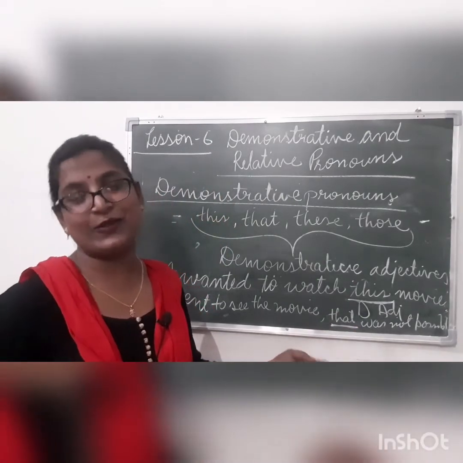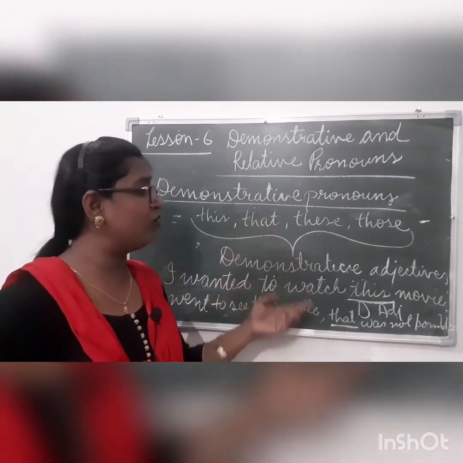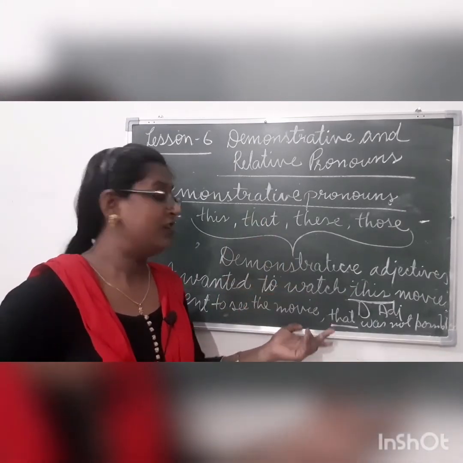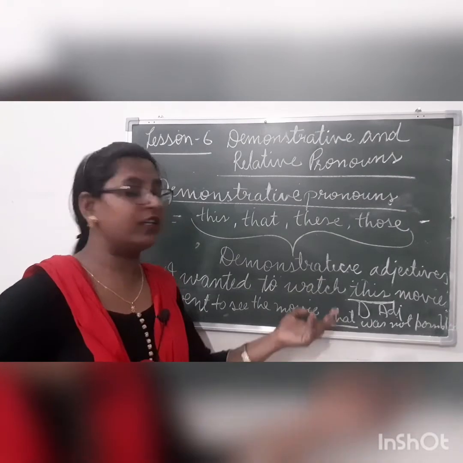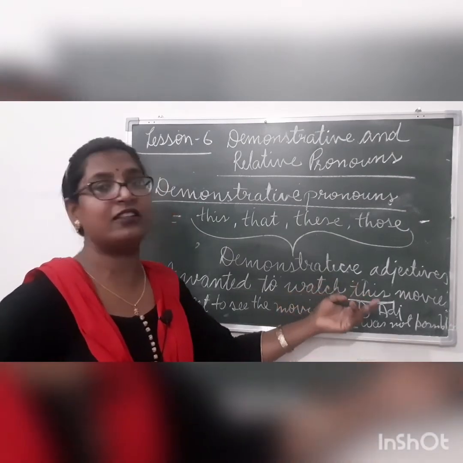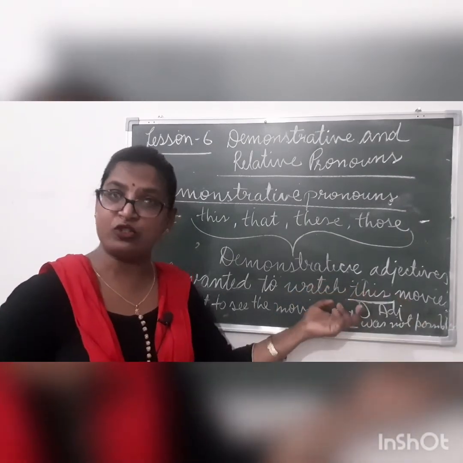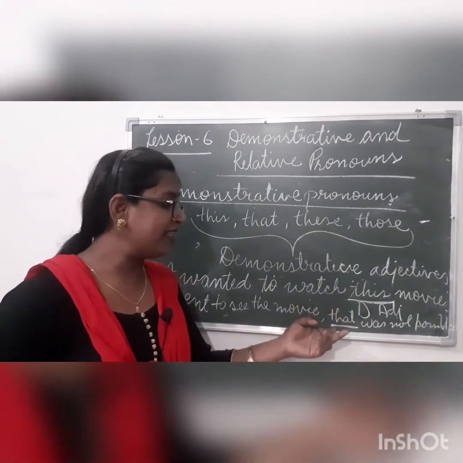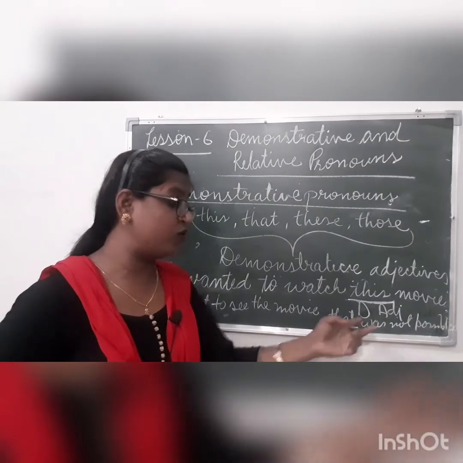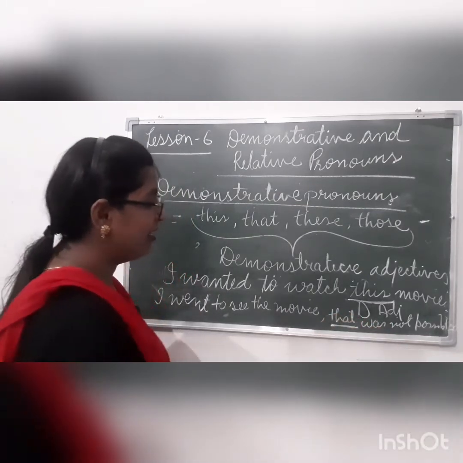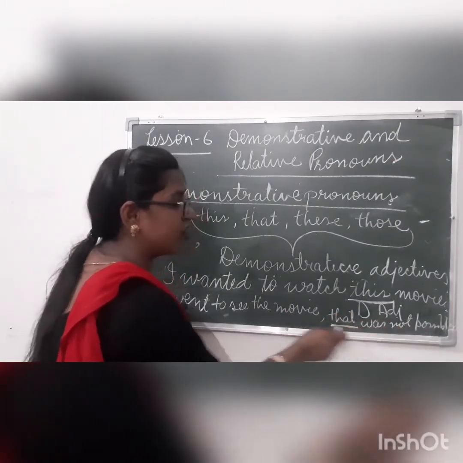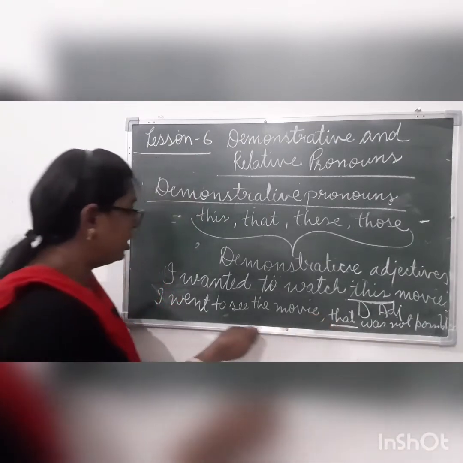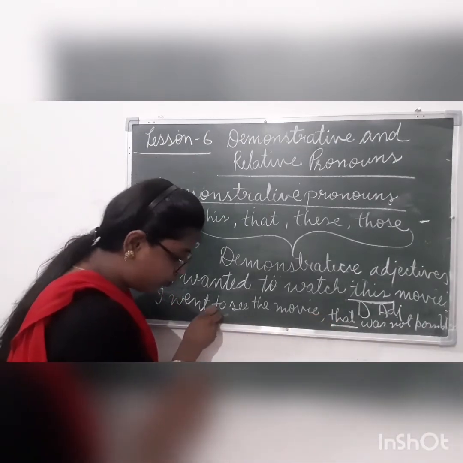How will we recognize whether it is a demonstrative pronoun or a demonstrative adjective? The simple thing, as in the previous sentence we studied: when this, that, these, those are followed by a noun, they are demonstrative adjectives. Now the same comparison we can make here. That is not followed by any noun. That was, and here that was not possible. What was not possible? To see the movie.